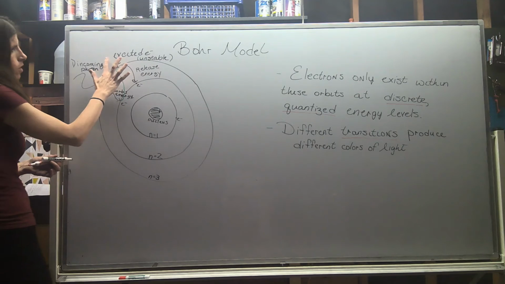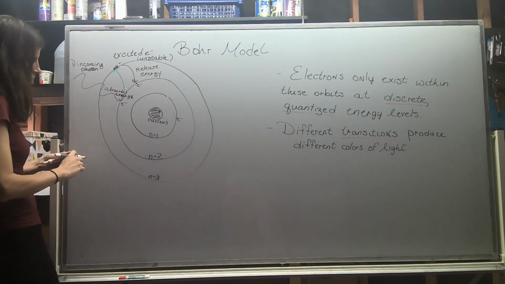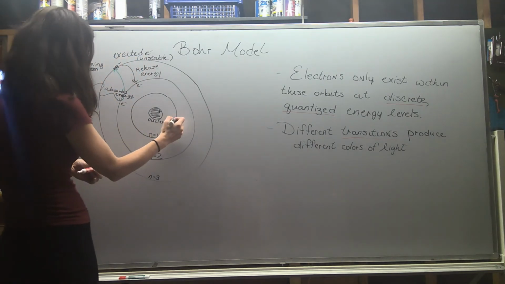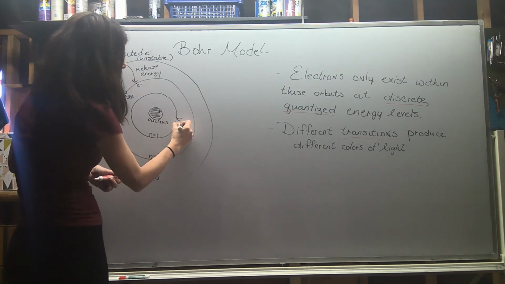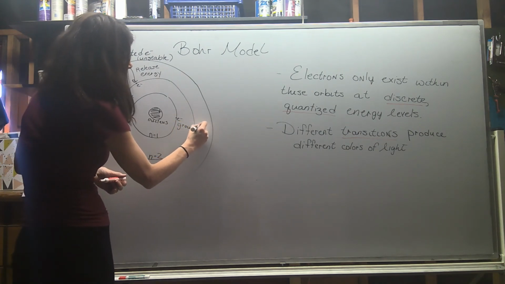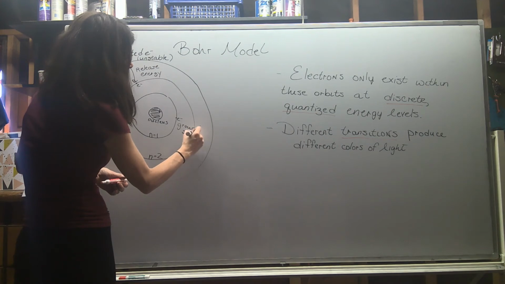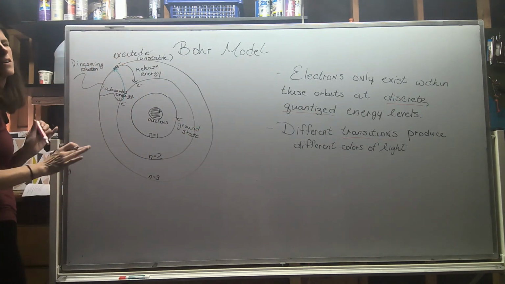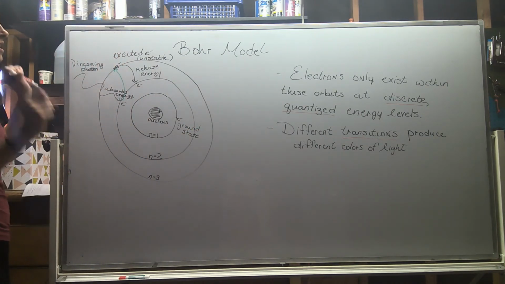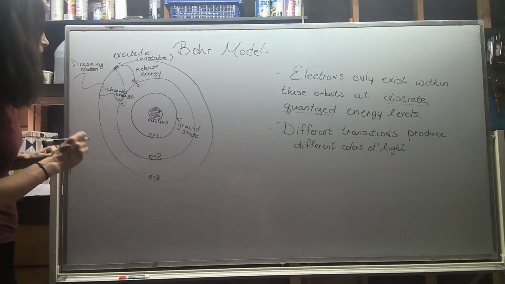The other term to note here: we have an excited electron, which is in a higher energy shell. And when it's in its normal state, this is called the ground state. So the ground state is just not excited, it's where it should be. And then the excited state is the high energy one.